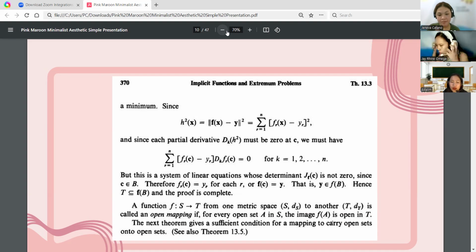I don't know how to read that one, and the proof is complete.